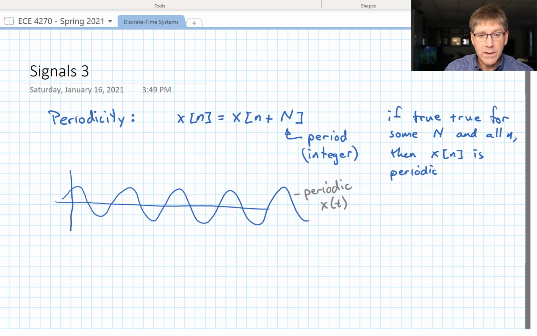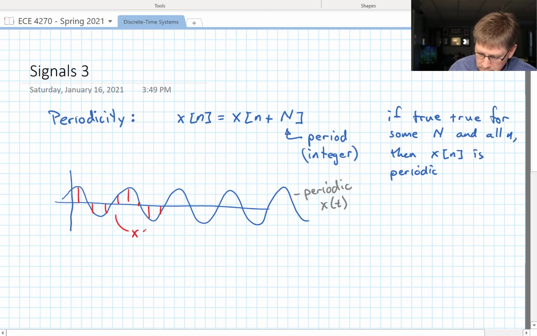If we then come along and take samples of this signal, it may not be periodic.